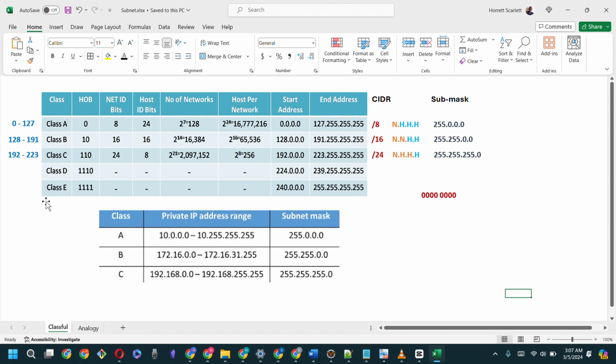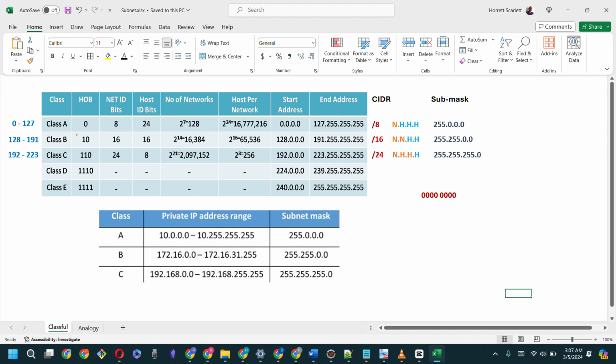First of all, please note that there is this section that talks about the higher order bit, the HOB. For class A, B, and C, please understand that each of them comes with a different pattern. For class A, we only set one higher order bit, and that's going to be set to 0.